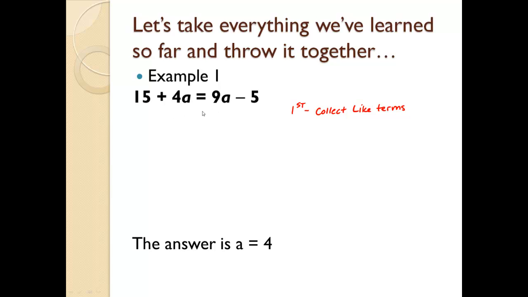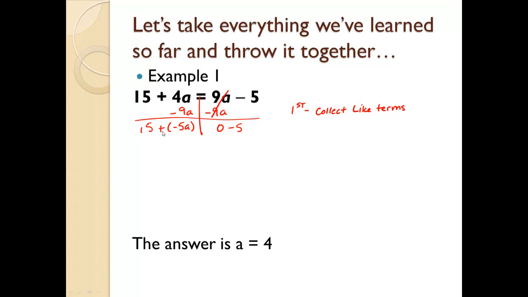So let's take negative 9a from both sides so we can get all our a's over on the left. By doing that, it allows me to get rid of this because that becomes 0. And 4 minus 9a is negative 5a.